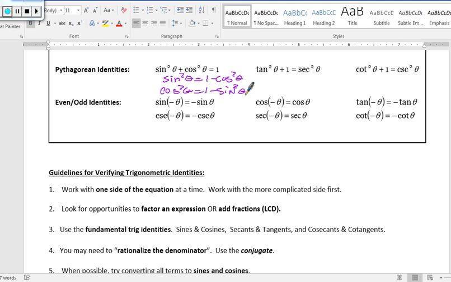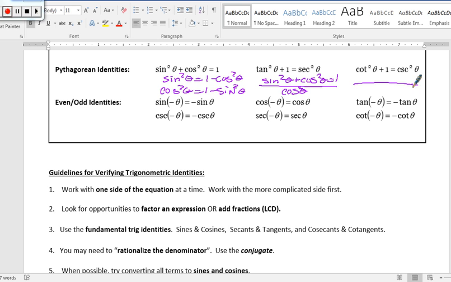This identity here has been established by taking sine squared theta plus cosine squared theta equals 1 and dividing everything through by cosine squared theta. So sine squared over cosine squared would get you tangent squared. Cosine over cosine gets us 1. 1 over cosine squared would get us secant squared theta.